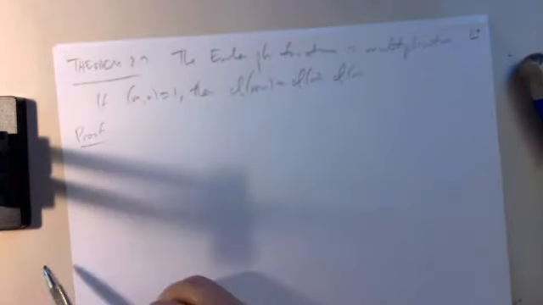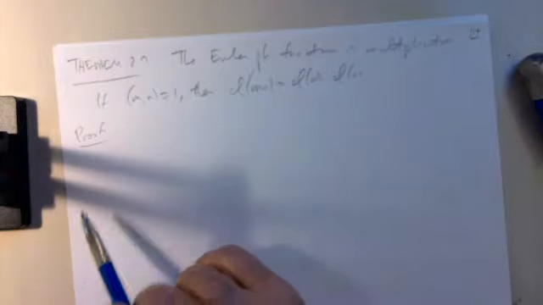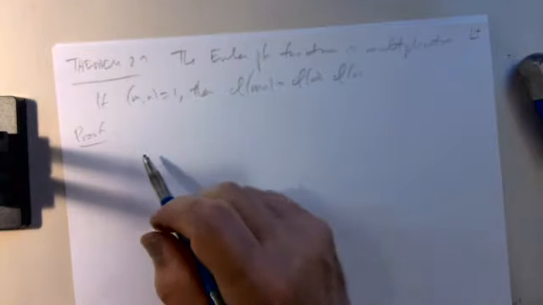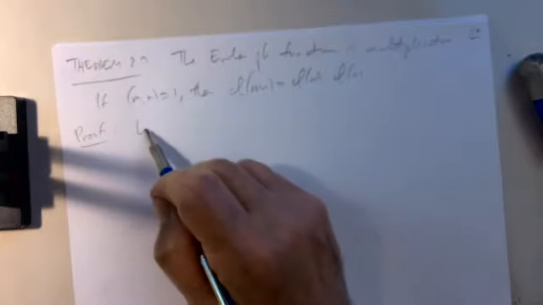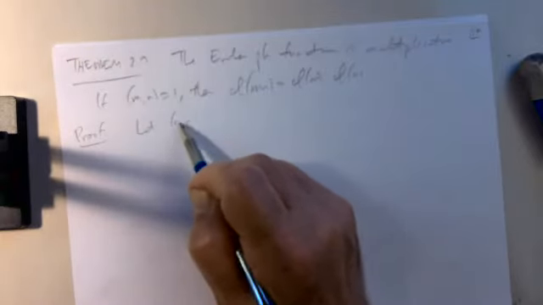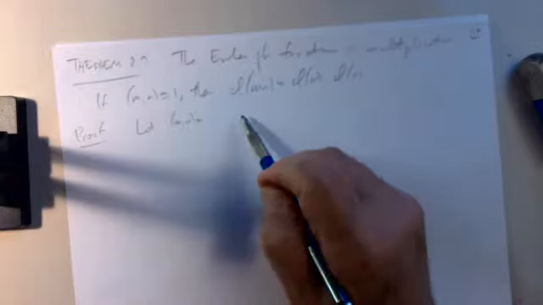And the proof goes as follows. Suppose that M and N are relatively prime.